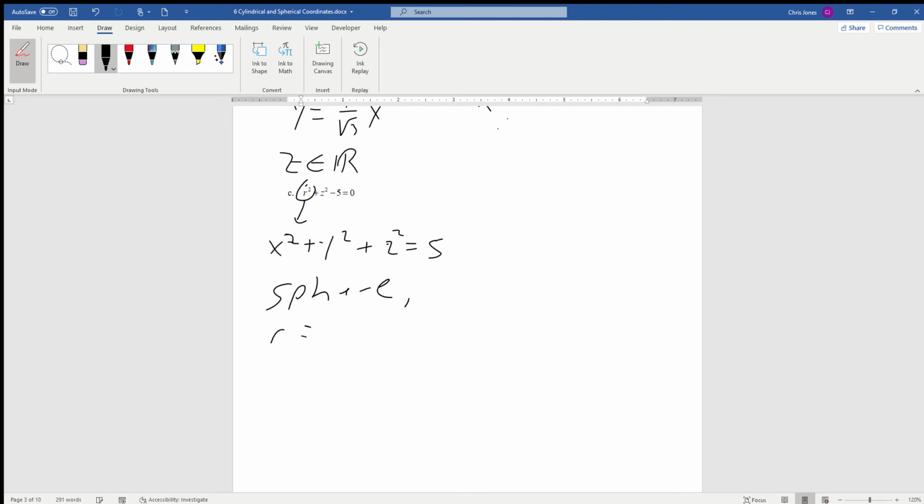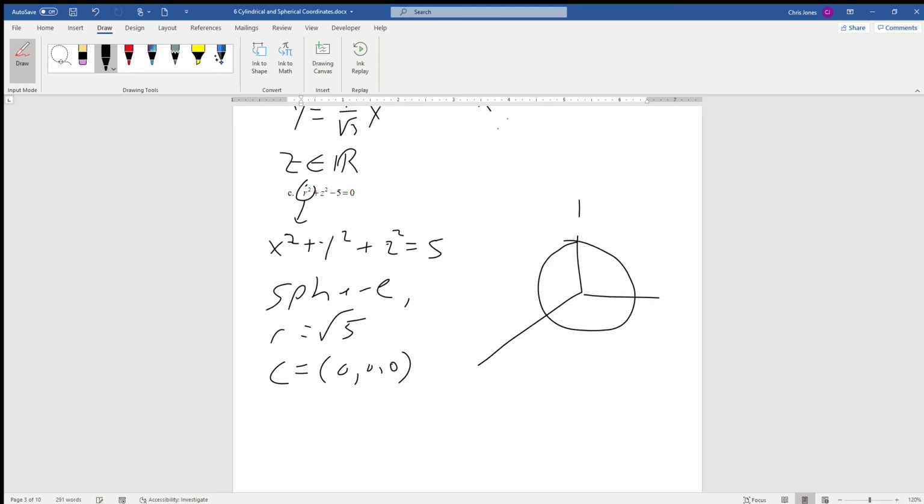The radius is the square root of 5, and the center is at the origin. If we were to graph this, we just get a regular old sphere at the origin, with radius square root of 5.